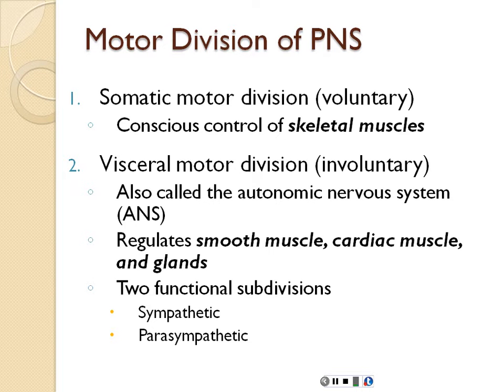Now, the visceral motor division is also referred to as the ANS, the autonomic nervous system. And the ANS has a whole chapter that we'll go over, very important. So that's going to be a major part of the second exam. And so its job, the visceral motor division, so as we said, remember the CNS controls all muscles, right?